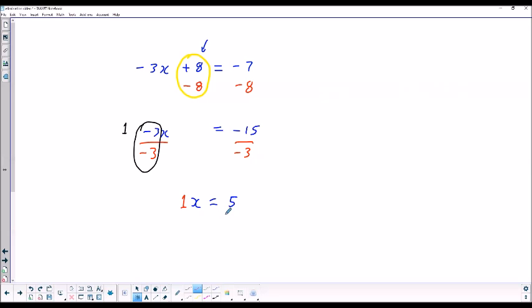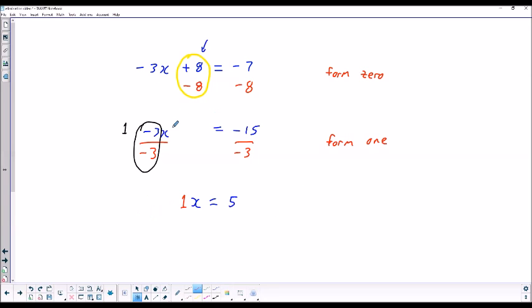So that's the process of solving for a variable: create 0, and then create a 1. That's all you have to do, basically, anytime you're solving an equation.